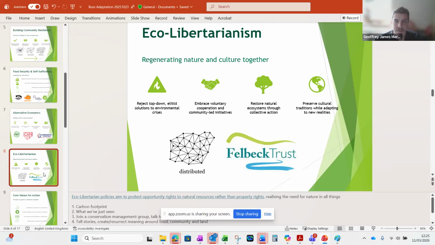Part of that is rejecting some of that top-down stuff around environmental issues. Carbon footprint is one of the things that is particularly on my radar at the moment, as my local climate emergency group are focusing on carbon footprints of individuals, which isn't really an appropriate measure for how to change behavior and how to rebuild and adapt.